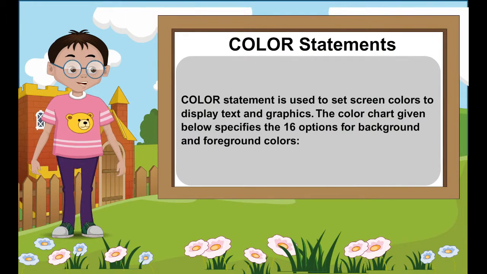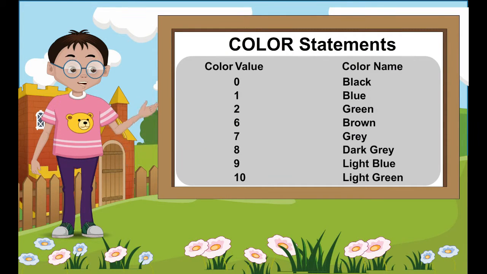Color statements. The COLOR statement is used to set screen colors to display text and graphics. The color chart given below specifies the 16 options for background and foreground colors.